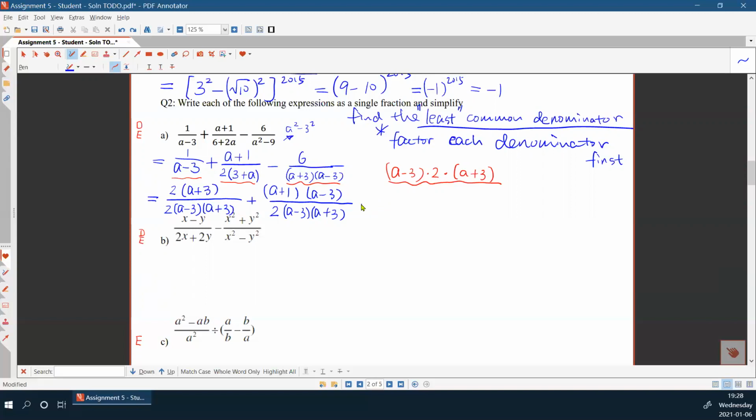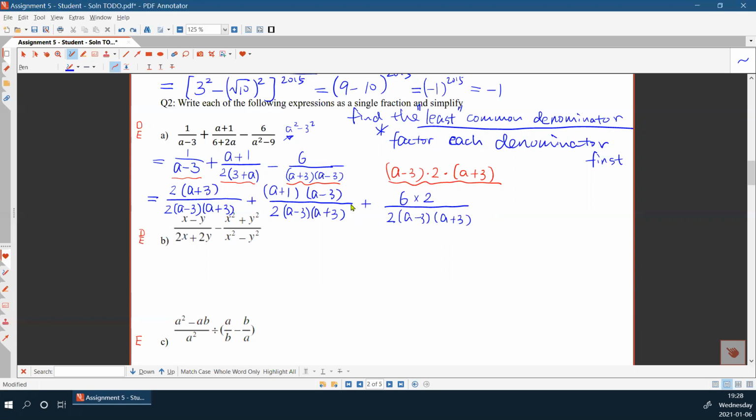Okay. For the third term, when the denominator is transformed into the common denominator, we should multiply by 2 here, right? Because when 2 is canceled with the new denominator, what's left there is equal to the original one.